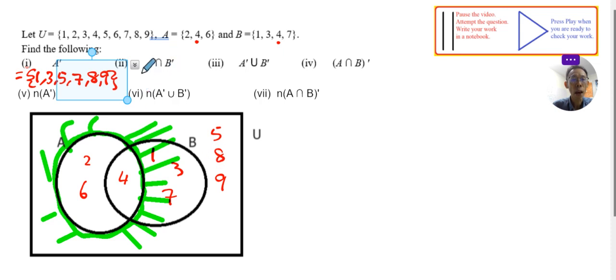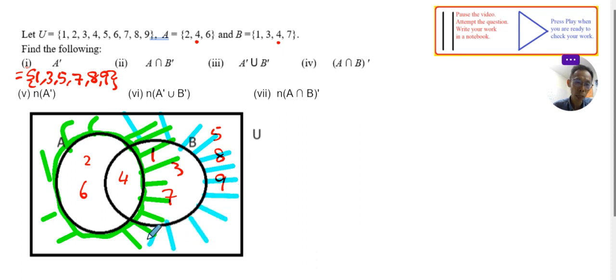That's the answer. And then next question is A intersect not B. Well, not B, I'm going to use a different color. So, for example, I highlight using blue here, not B. Not B means everything outside of B, and at the same time, it must be A. So everything outside of B and at the same time A only have two numbers, that is 2 and 6.